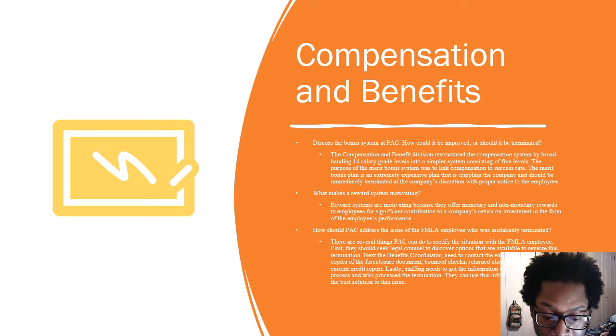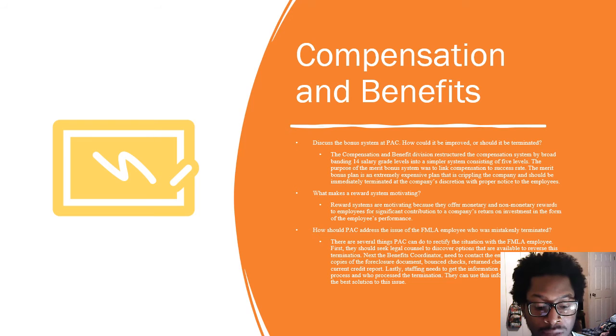Next, the benefit coordinator needs to get in contact with the employee directly to get copies of the foreclosure documents, bounced checks, returned check fees, and her current credit report. Lastly, staffing needs to get the information of her termination process and who processed the termination. They can use this information to determine the best solution for this issue.